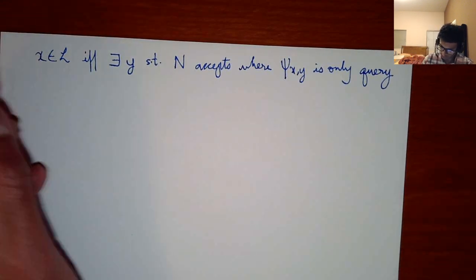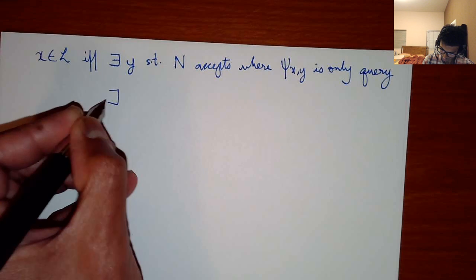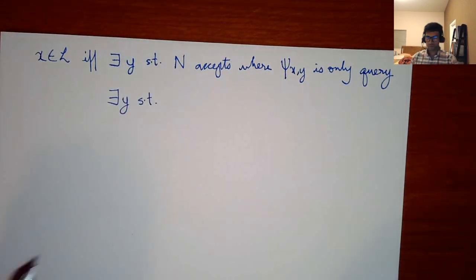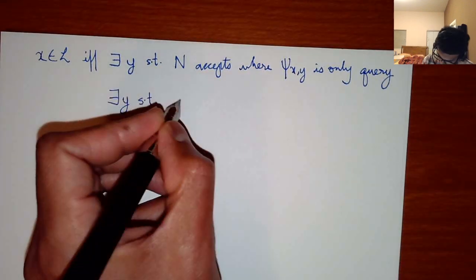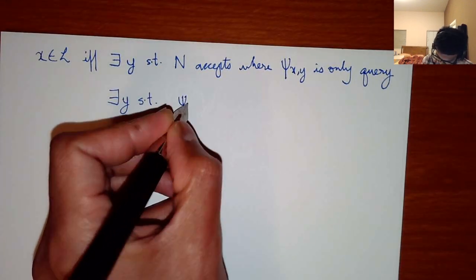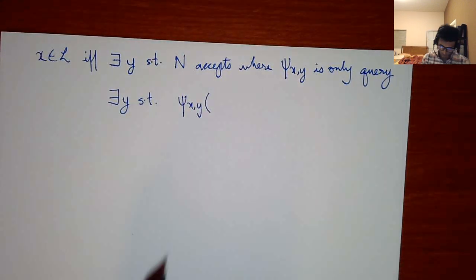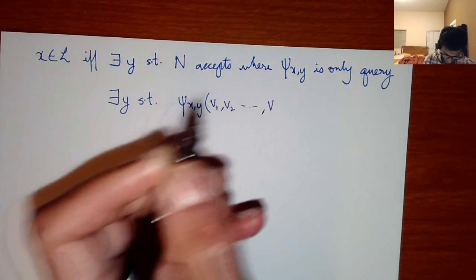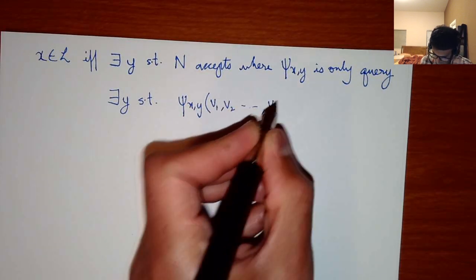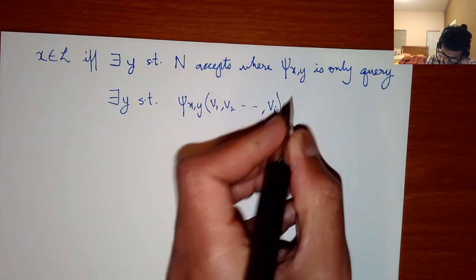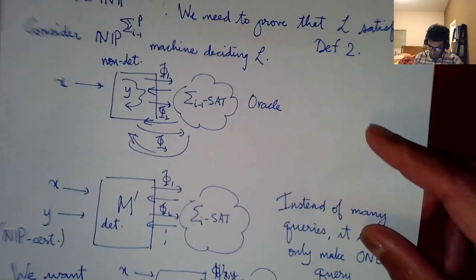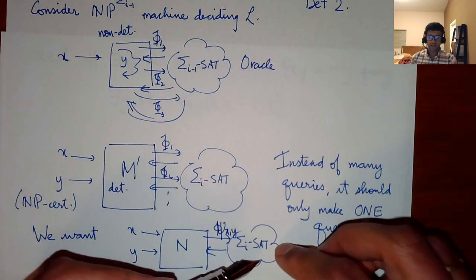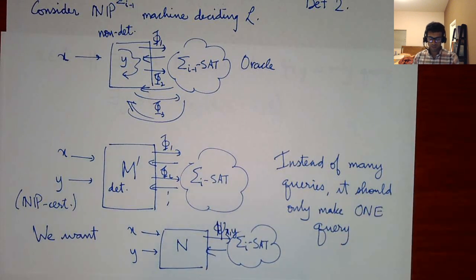So this is the same as saying there exists a y such that, remember C of xy is something in v1, v2 up to vi. So the point is, it may be in pi I SAT, it may be in sigma I SAT, it might not.